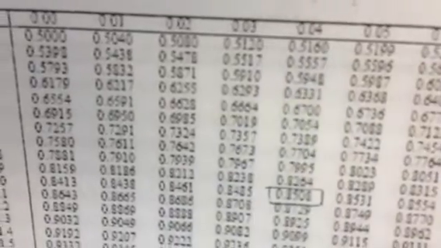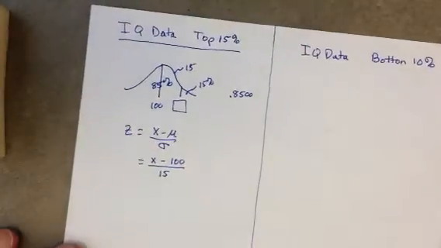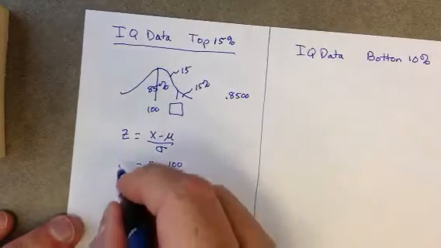So you read the left side 1.0, you go across until you find 0.85. This is the probability, the area under the curve, and we're looking for 0.850. We find it right here, and then we read up and find that that's 1.04. So we use 1.04 for the z.